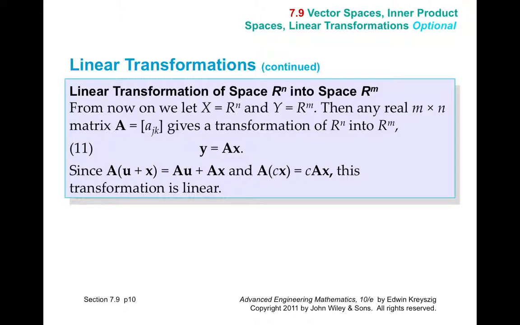This is a little bit like what I was talking about earlier, where you have some space Rn and some space Rm, and you can transform Rn into Rm given some real m by n matrix A that will give you a transformation into that different space. So you can actually have a different number of components in your space. This is pretty common in data reduction.